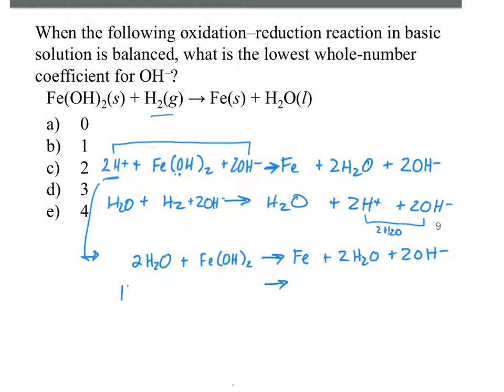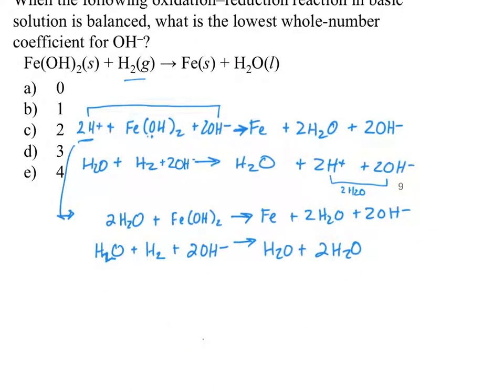But on the reactant side, we're going to have 1 water plus H2 plus 2 OH minus, forming H2O plus 2 H2O. It's kind of a fun one. Yeah, you could say 3 H2O.